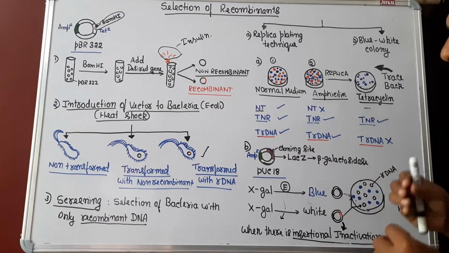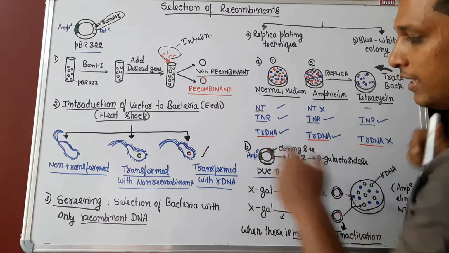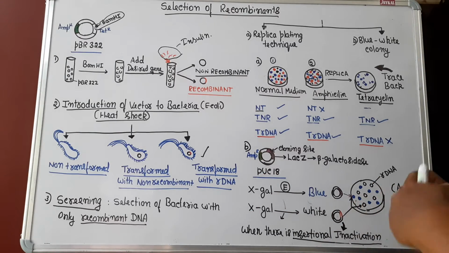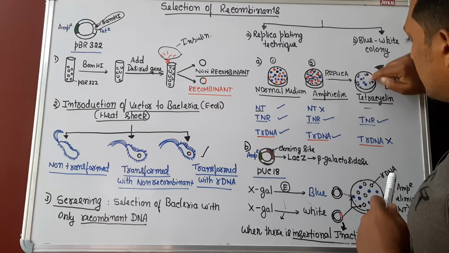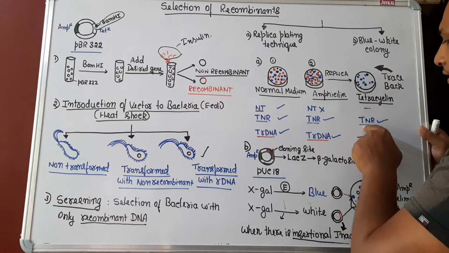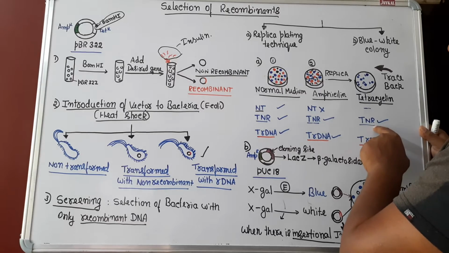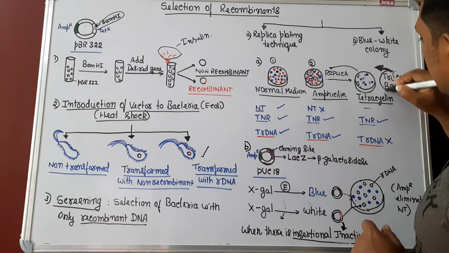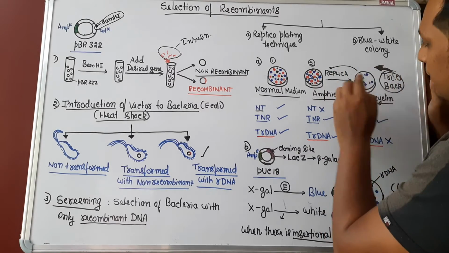But you may think, for our experiment, I said in the beginning, we need only transformed cell with rDNA. How to take it? Now you know the blue colored colonies in my diagram are transformed cells with non-recombinant DNA. Now trace back. Tracing back means go to the previous plate.